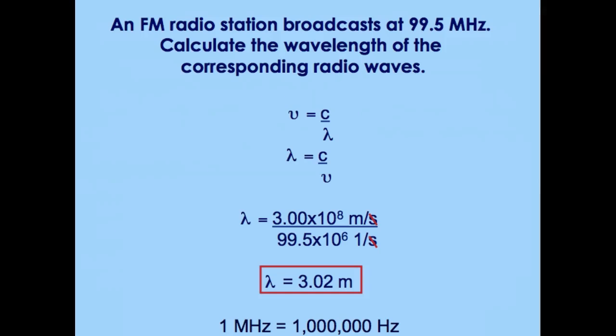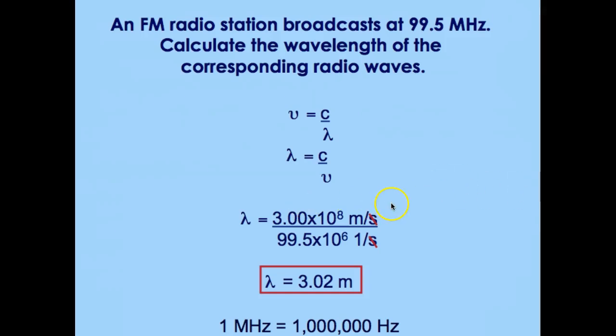So an FM radio station broadcasts at 99.5 megahertz. Calculate the wavelength of the corresponding waves. Because this is in megahertz, you're going to have to convert it from mega to just regular hertz, which would be multiplying it by 10 to the 6, since 1 mega unit is equal to 10 to the 6 base units. Since we're solving for wavelength, we would want to take speed of light over our frequency.